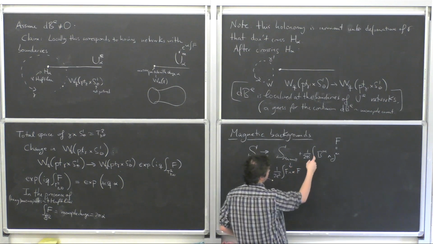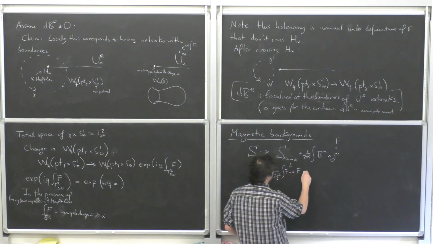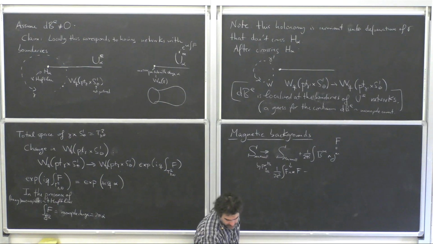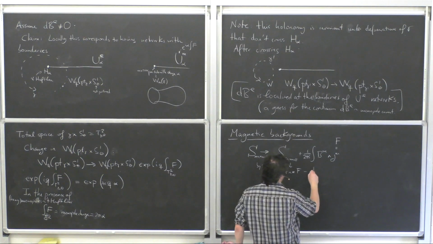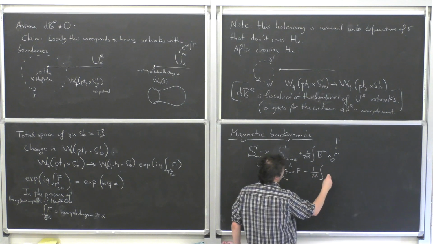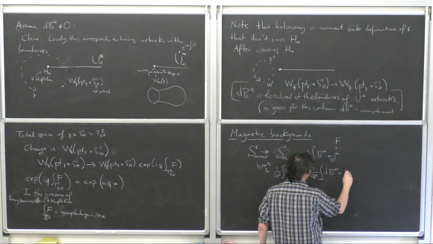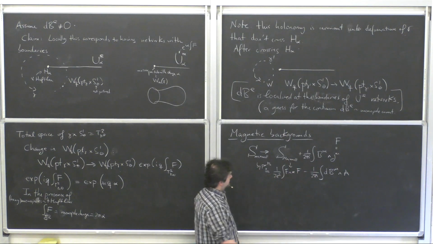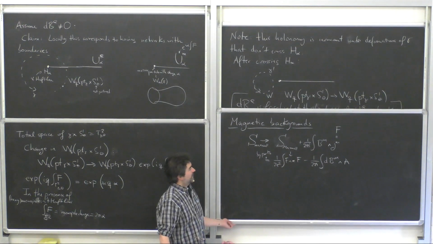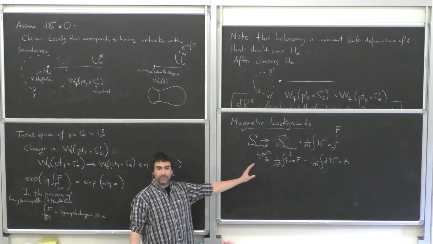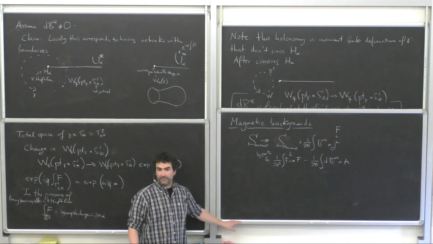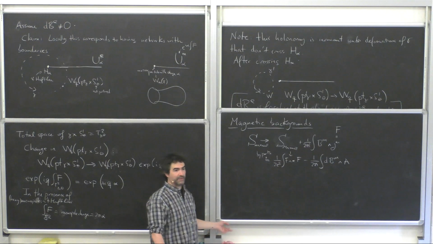That doesn't change. And this one, if I do by parts, let's see, sign. This is the integral over dB_M wedge A. I want to make a local statement, so I'm not being super careful about topology in here. I'm thinking of a globally defined connection, a trivial bundle, if you want.